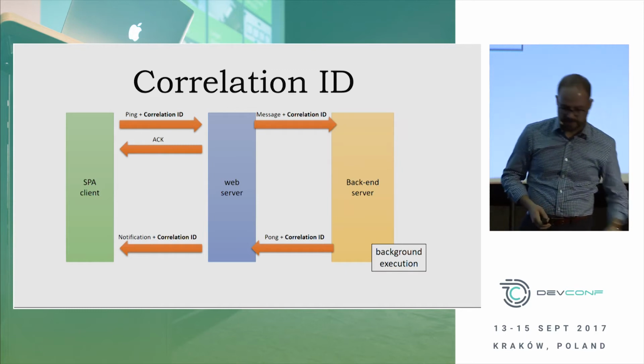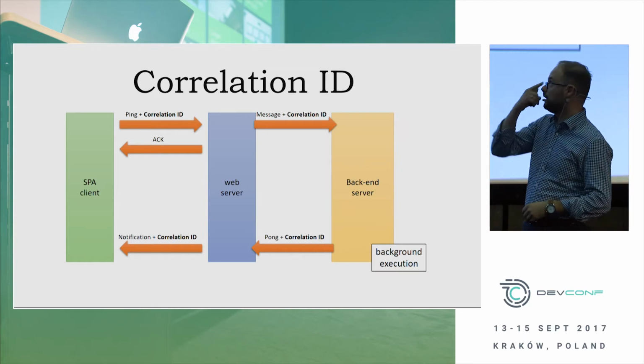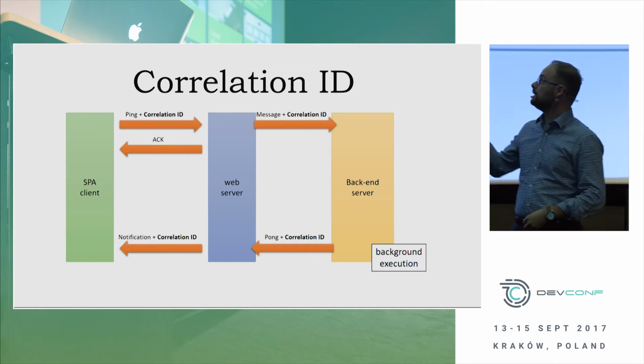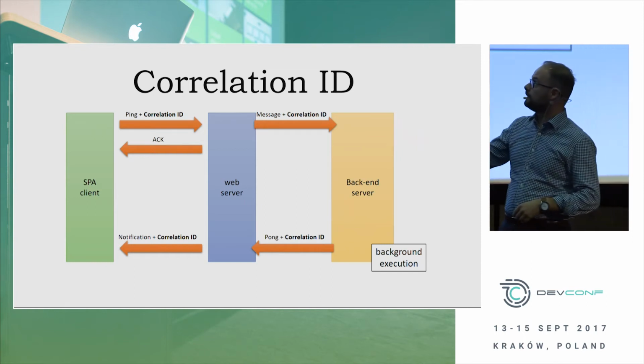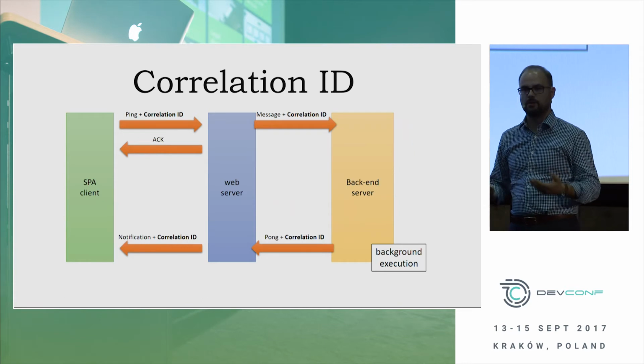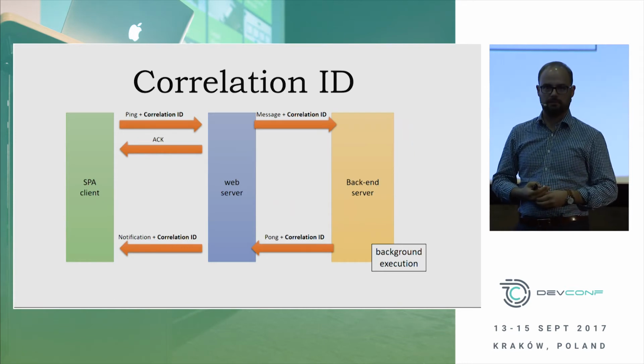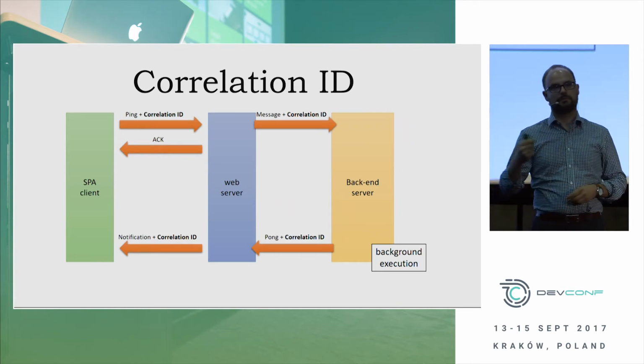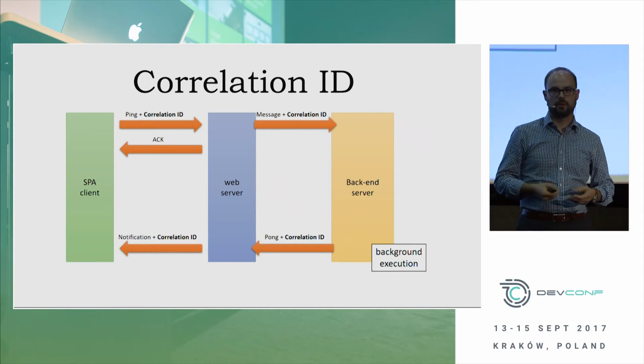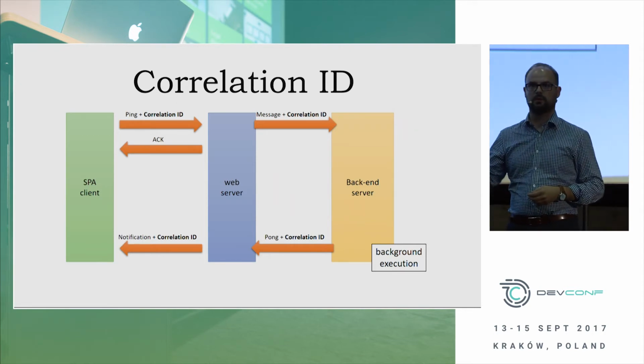Because what would happen if the correlation ID was generated on the web server? Since the whole interaction is initiated by the browser, the only way for the browser to know the correlation ID is with the acknowledgement message.